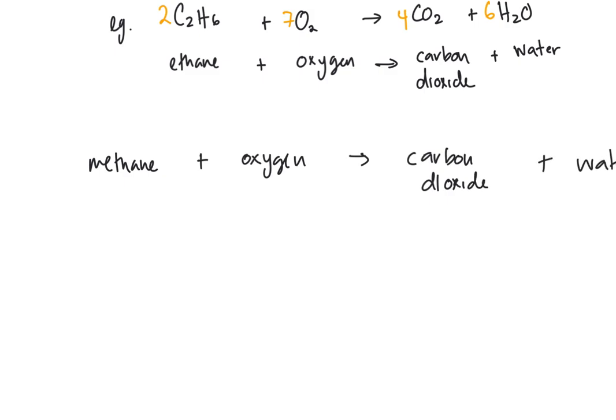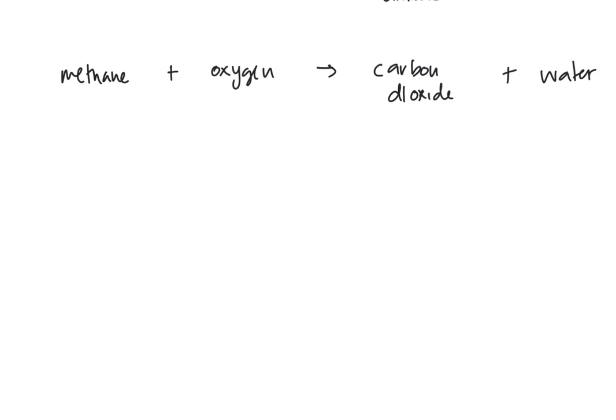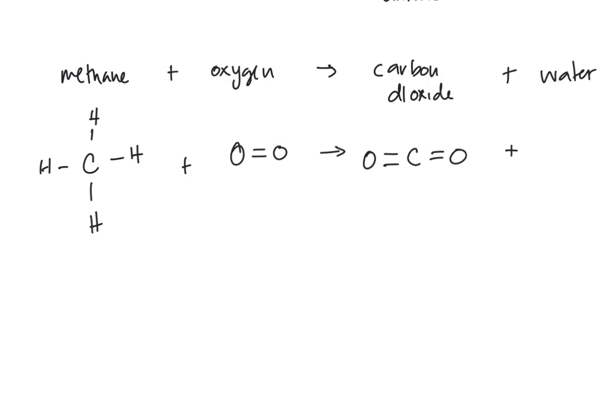Methane is a single carbon with 4 hydrogens. Remember, when you're drawing structural formula, everything must be in structural formula. Oxygen will have a double bond. Carbon dioxide as well, and make sure you draw these notations and shapes correctly. So that is the word equation.